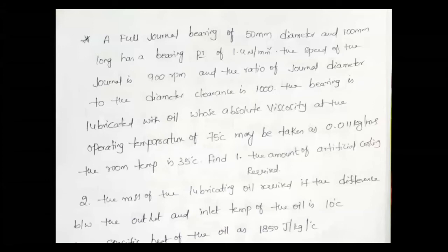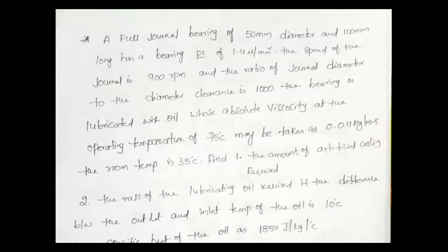This was already explained in our previous classes while discussing the formulas. Amount of artificial cooling means you calculate the amount of heat generation and the amount of heat dissipated. Both terms are available, and you are supposed to calculate them if necessary.